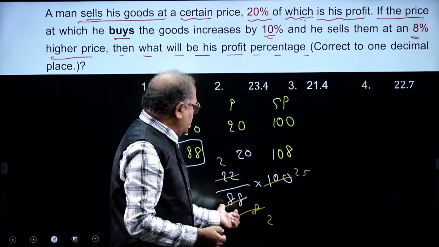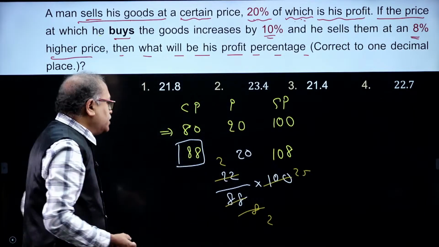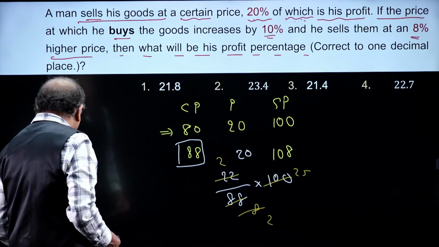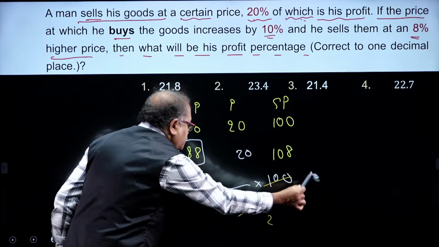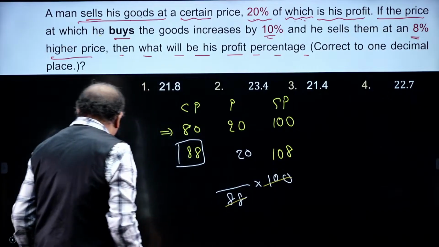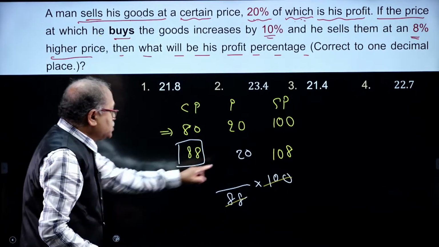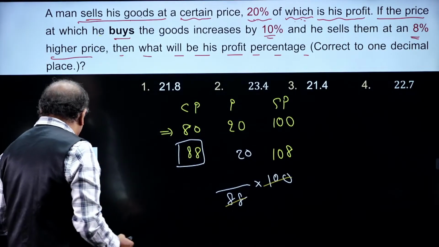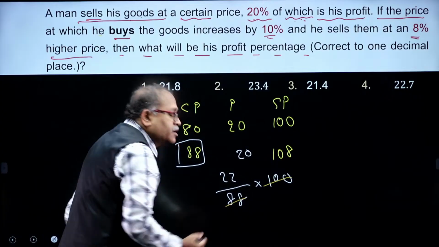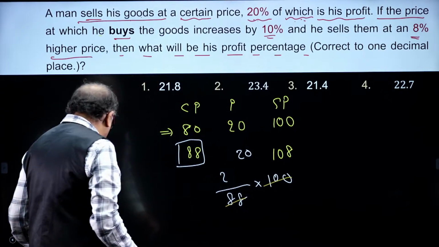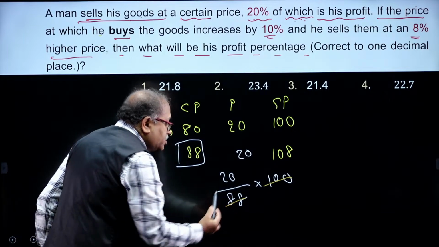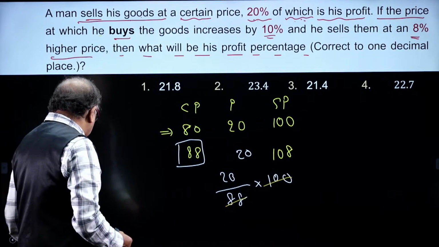I am making some mistake. By mistake, I wrote it as 22. This is not 22. Let me write down the profit, which is 20. Again I am writing 22. Okay, not an issue. 20. So let us cancel this one.